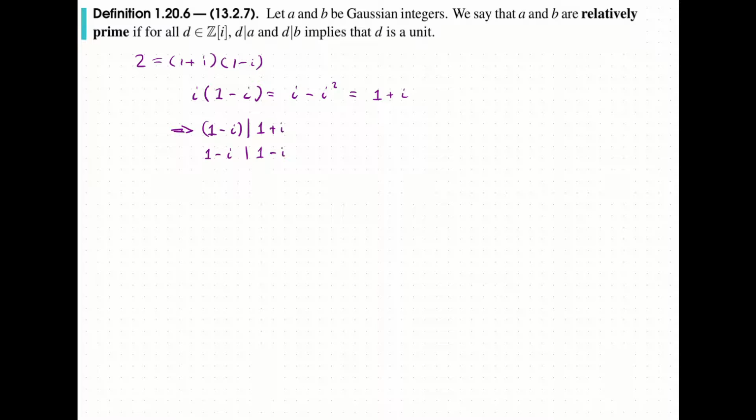And because we have this property here and 1 minus i is not a unit, we conclude that 1 plus i and 1 minus i are not relatively prime.